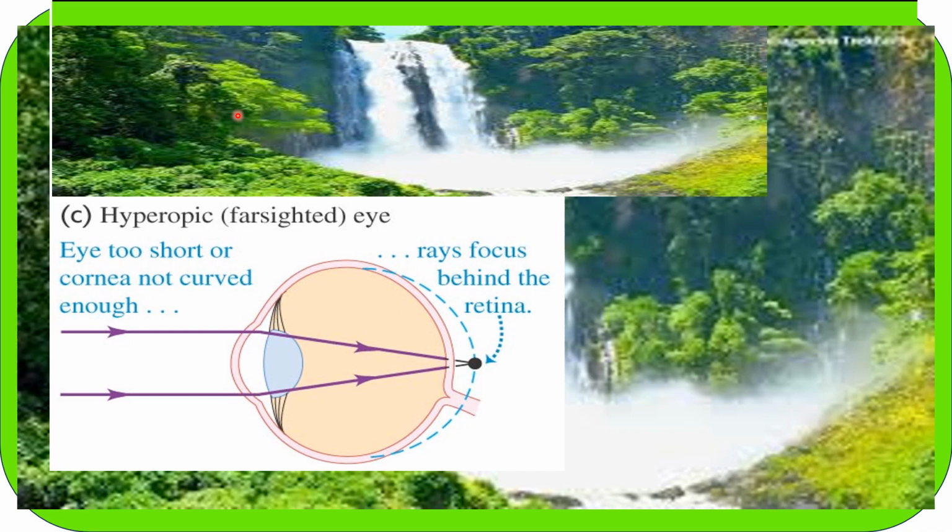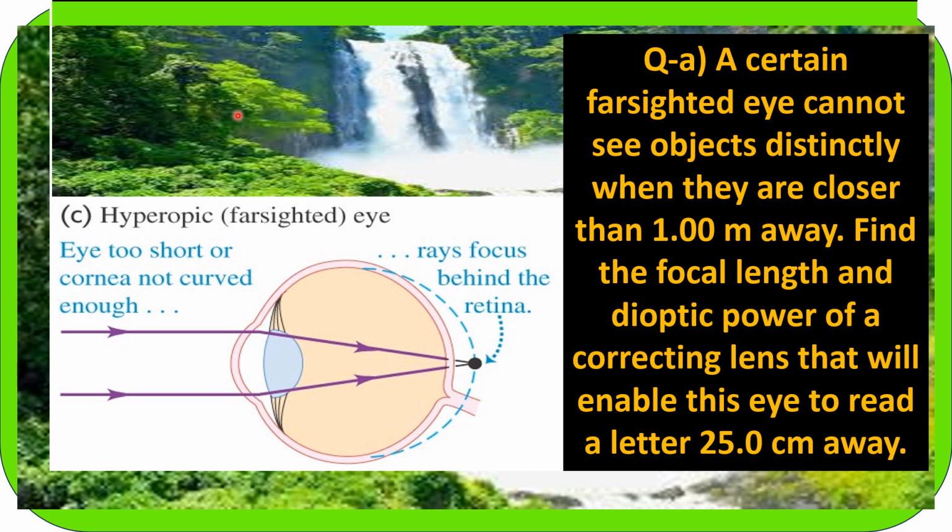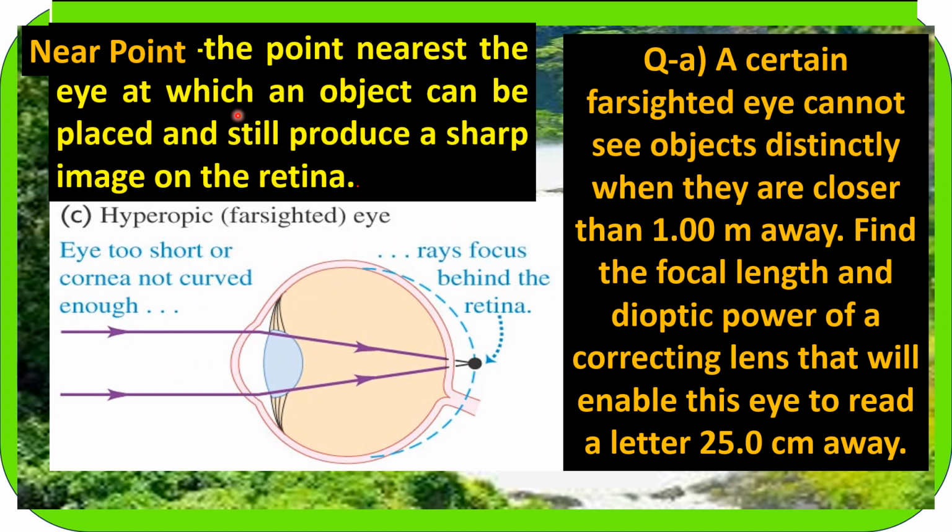In answering question letter A, we need to define what a near point is. A near point is the point nearest the eye at which an object can be placed and still produce a sharp image on the retina.